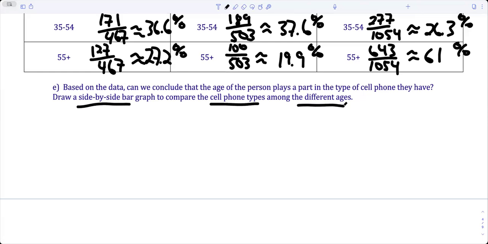You might need a different color of pen or pencil here, if you have one. If not, you can designate it in another way. Just a second. So we're going to do a side-by-side bar graph.